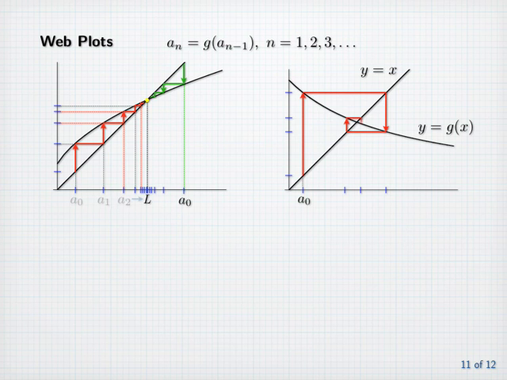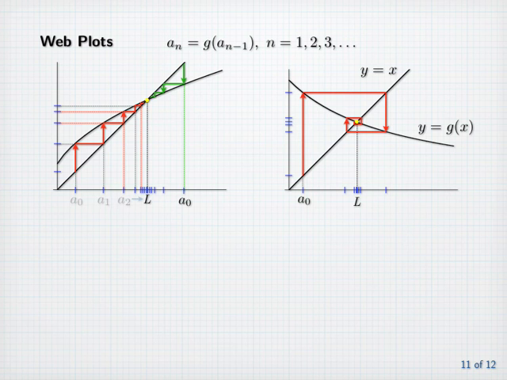And it becomes clear that this web plot is spiraling in toward our point of intersection, just like in the example on the previous page. So this sequence is not monotonic, but nonetheless convergent. And we would see similar behavior for other values of A0 nearby.